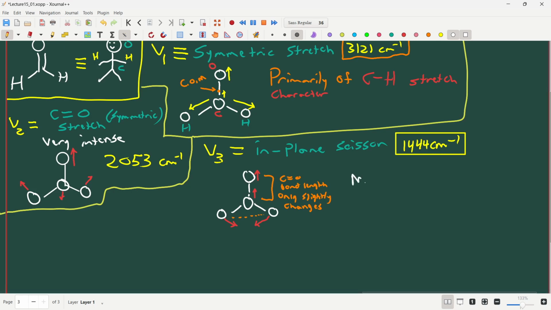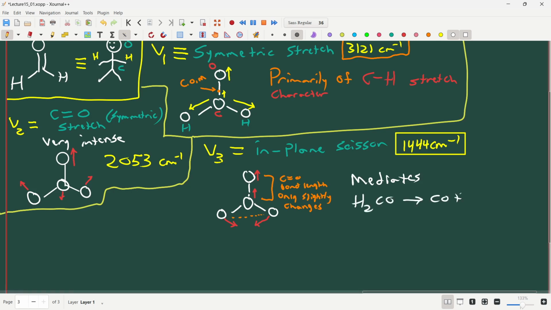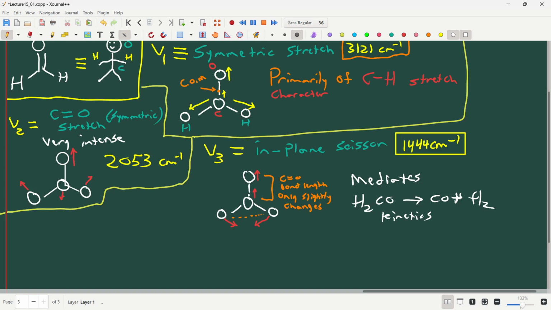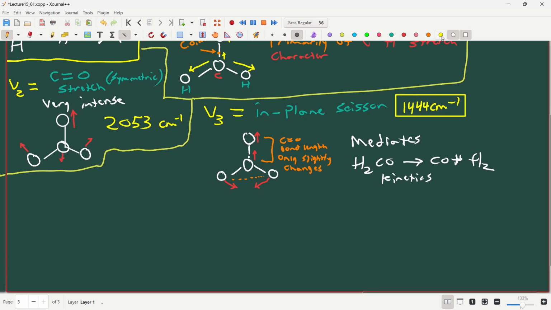So I'll say this mediates H2CO to CO plus H2 kinetics. You see a lot of nu 4-excited formaldehyde when you excite it with a laser, and it starts to decompose. Beautiful, beautiful studies on this.